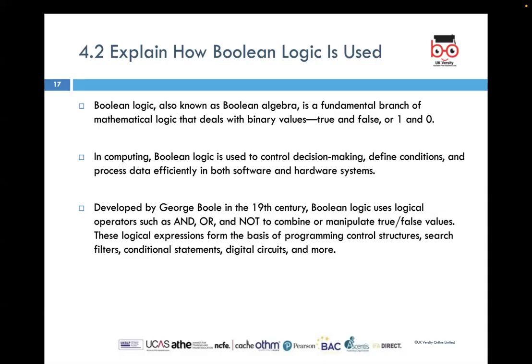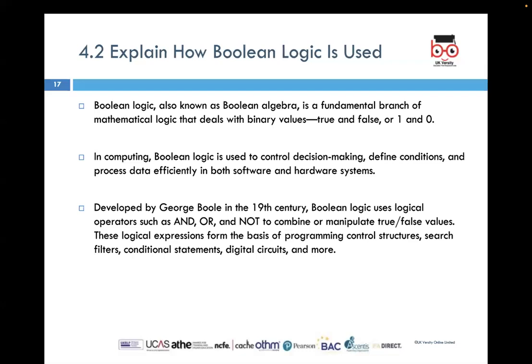Boolean logic, also known as Boolean algebra, is a fundamental branch of mathematical logic that deals with binary values, true and false, or one and zero. In computing, Boolean logic is used to control decision making, define conditions, and process data efficiently in both software and hardware systems.